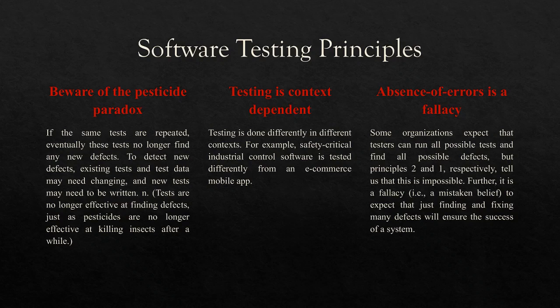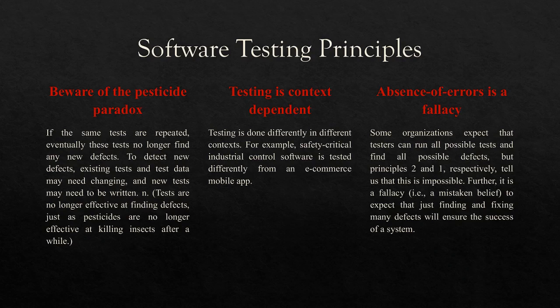And the seventh and the last principle is absence of error is a fallacy. Some organizations expect that testers can run all possible tests and find all the possible defects, but principles 2 and 1 respectively tell us that this is impossible.